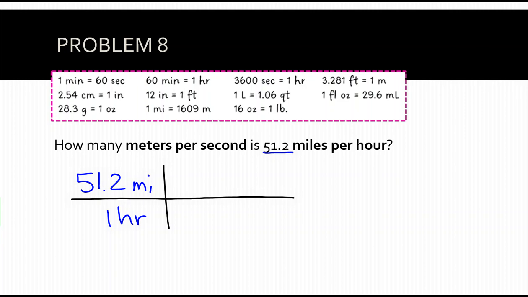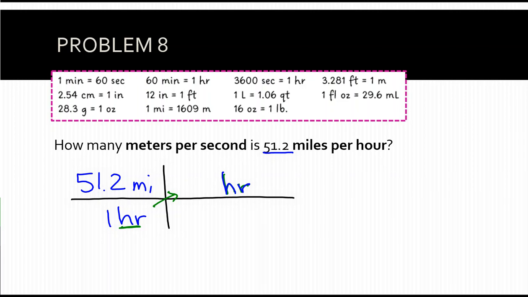Okay? Which one do you want to do first? It doesn't really matter. Hours to seconds. Okay. Where is hours? Bottom. If it's on the bottom and I need to cancel it, where does it need to move? It needs to go to the top. So we're going to diagonal up this one. Hours goes up here. And what can I put on the bottom?